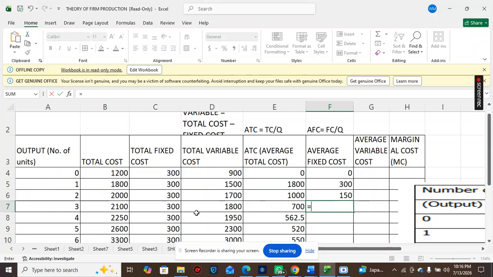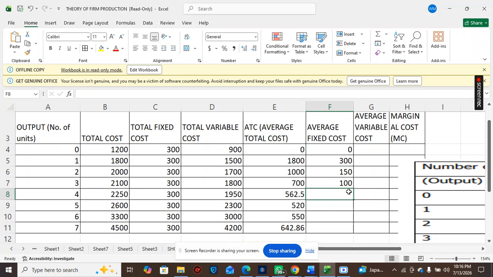When we produce 3 units, the fixed cost still stays at 300. 300 divided by 3 is 100. When we produce 4 units, again, fixed cost still stays the same, 75. When we produce 5 units, the fixed cost becomes 60 per unit.